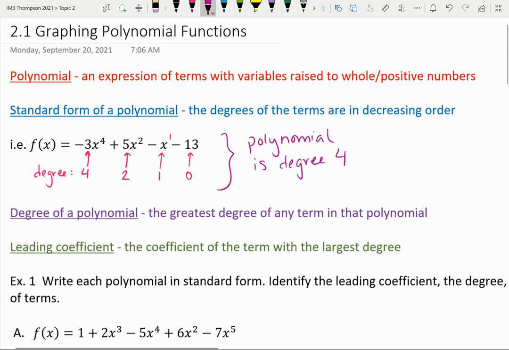All right, and then this green note down here, the leading coefficient. The leading coefficient is the coefficient of the term with the largest degree. So if it's in standard form, that means the term with the largest degree comes first. The leading coefficient is going to be the number or the coefficient of that variable. So in this case, the leading coefficient is -3.